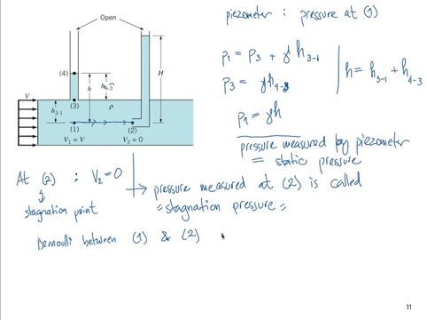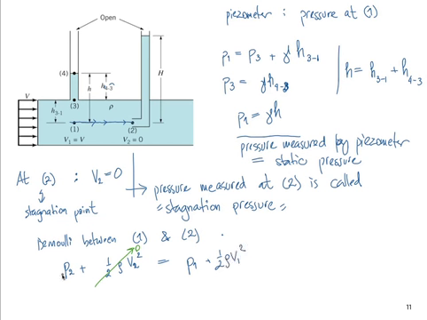And I apply Bernoulli's equation here, and I have P2 plus 1/2 rho V2 squared, the elevation is the same, and V2 squared is actually 0, equal to P1 plus 1/2 rho V1 squared.